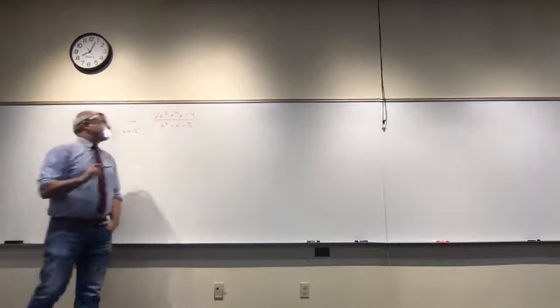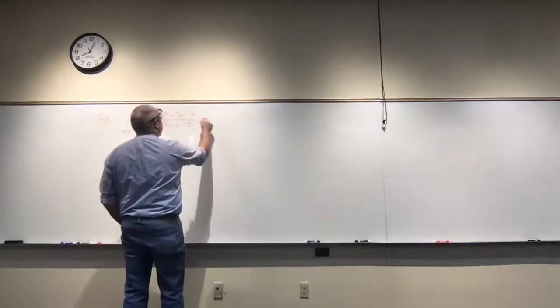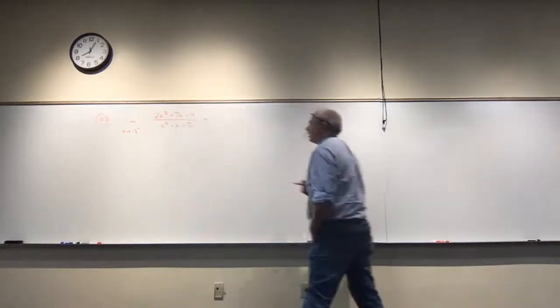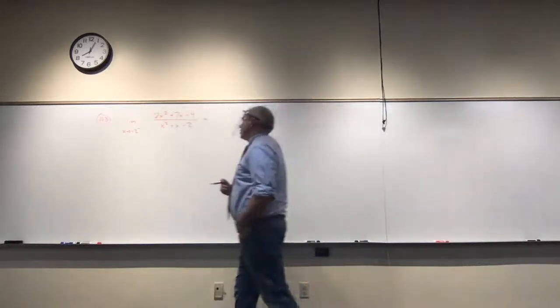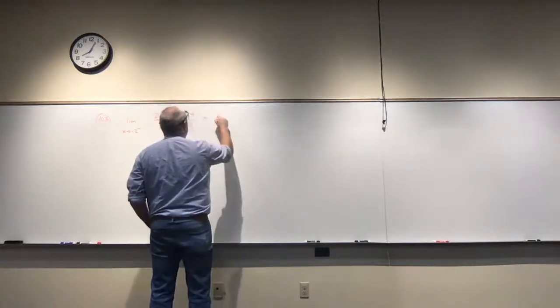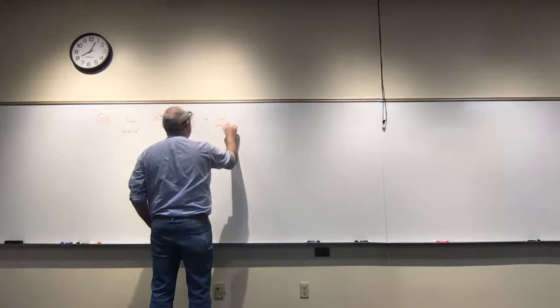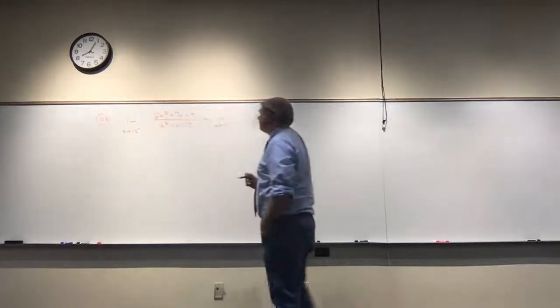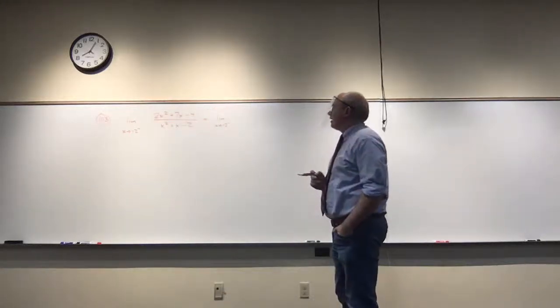Okay, let me explain for a second. And we'll get to talk about this a little bit more in the next few sections as well. But let's look at this. This is the limit as x goes to -2 from the left of, if I factor this, well, first of all, can I factor the top?